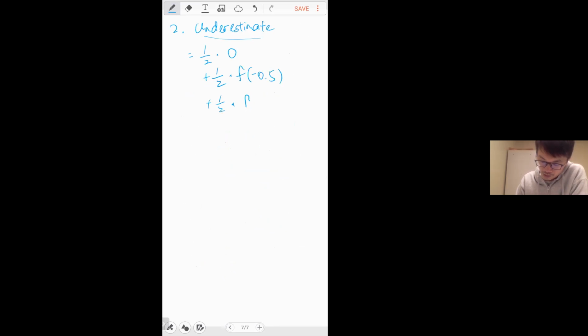And for the third one, you're plugging in 0.5 into the function to get a height. And for the last one, the height will be 0. And if you compute that, you're going to get 3/4. Does it make sense?